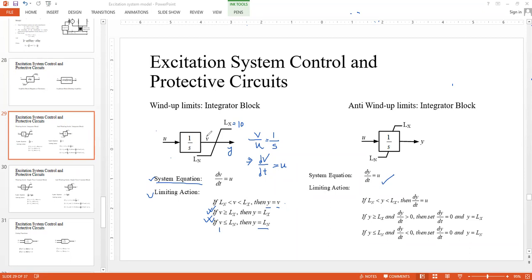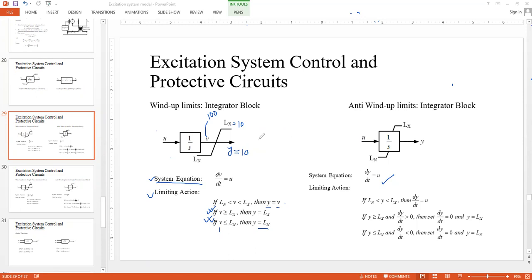V is unconstrained, so let's say V reaches 100. At this point, what should be Y? If this is the situation, what should be Y? 10. Y should be 10. Excellent. Because probably the actuator doesn't allow it, or the steam valve cannot be opened anymore, or any other physical constraint.